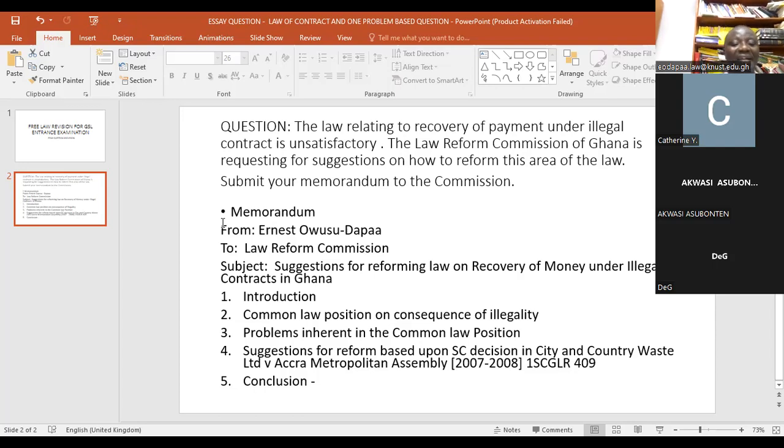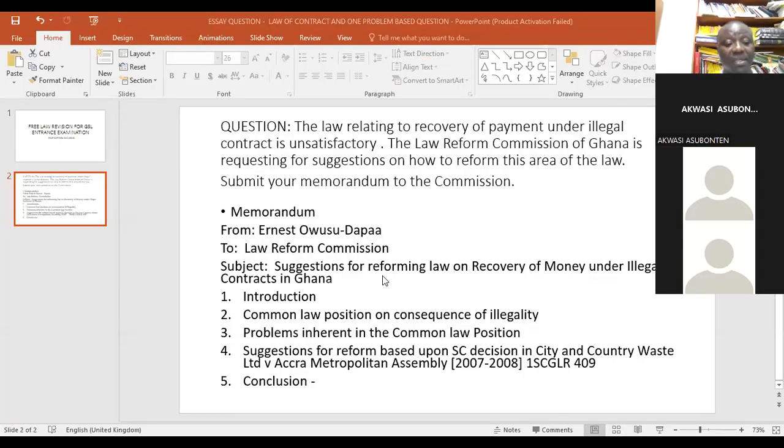So the subject is like the title of the paper. Sorry, the line went off again. The subject is the title, the topic of what you are writing to the Law Reform Commission about.